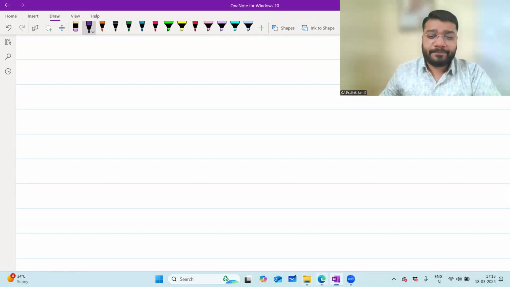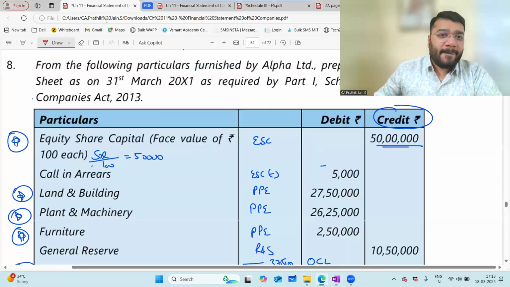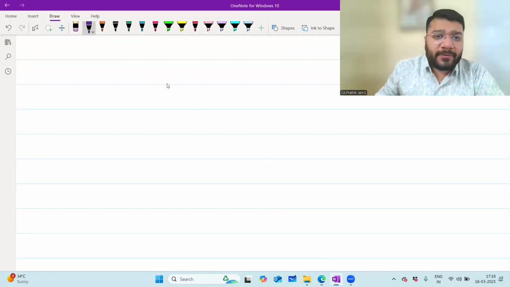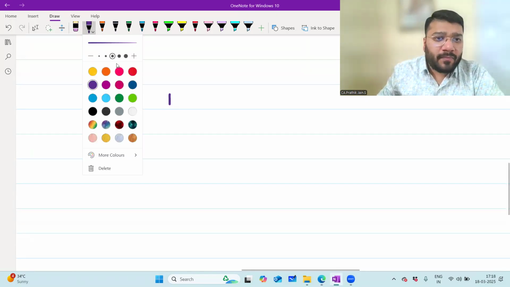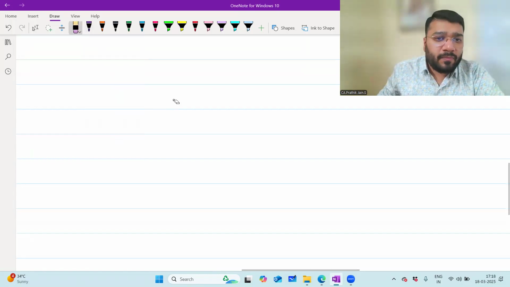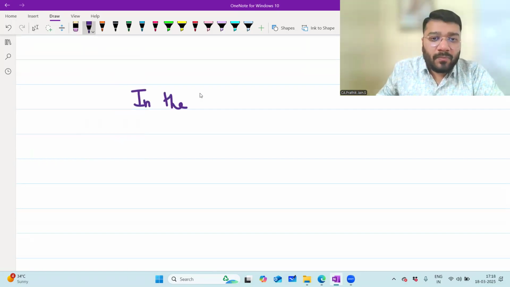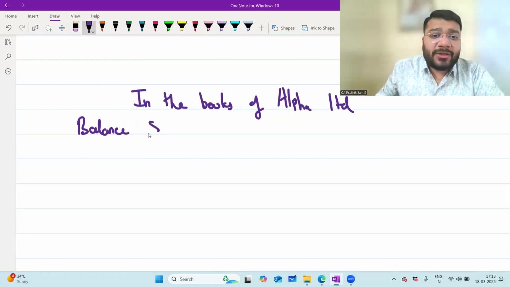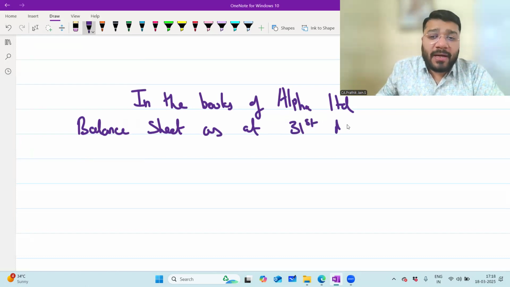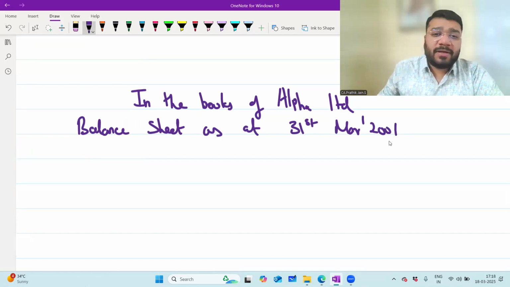What will be the heading? Alpha Limited. In the books of Alpha Limited, or Alpha Limited also is fine. Next heading: Balance sheet as at 31st March 2001.